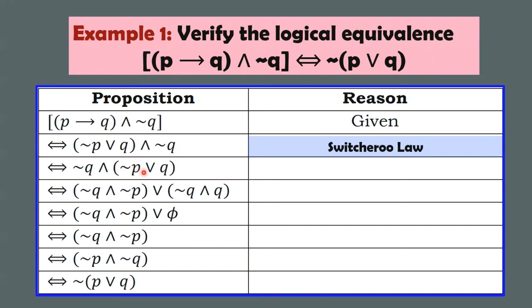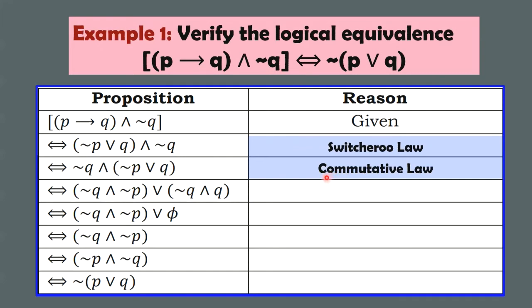If they switch positions, ang reason dyan ay commutative law. Hindi associative. Take note that. Associative kapag nag-change ng groupings. Hindi naman nag-change ng groupings dito. Ang magka-group pa rin dito ay si not P at saka si Q. So ang nangyari lang dito, nag-switch lang ng position. So that's why we have commutative law here.